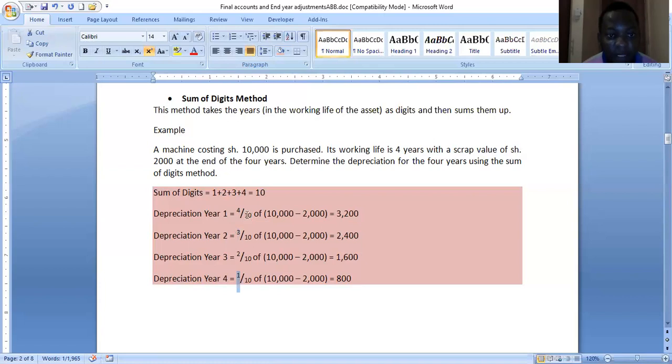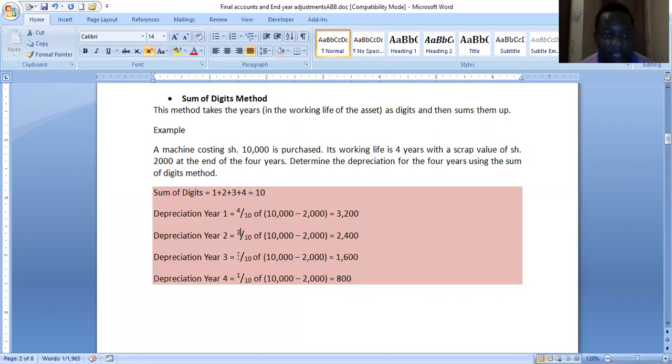And then we divide by the sum of digits that we have determined, in which case here it's 10. So we divide the digits by the sum of digits for each year, and for the numerator in this case, we take the last year, and then we go declining downwards. So for year 1 we take the 4th digit. For year 2 we take the 3rd digit.